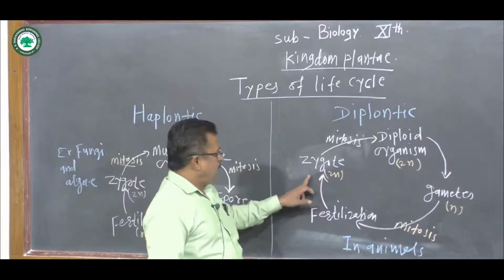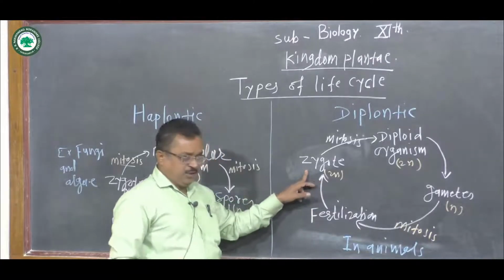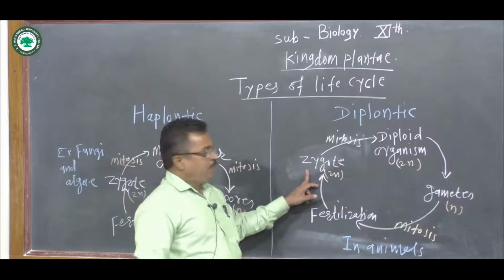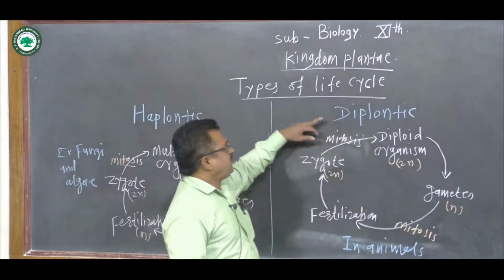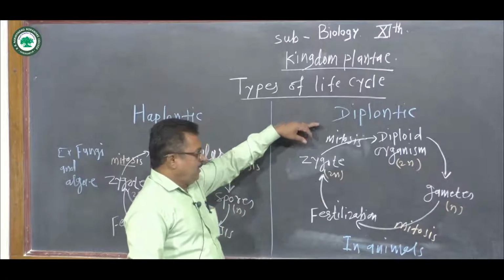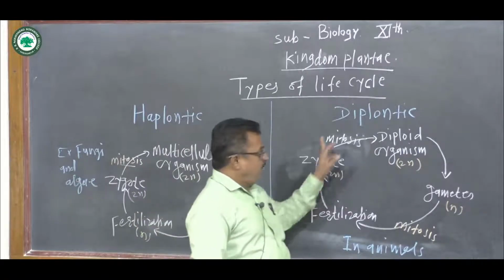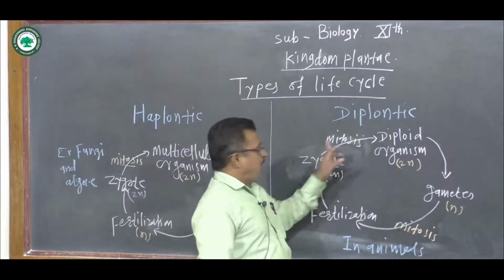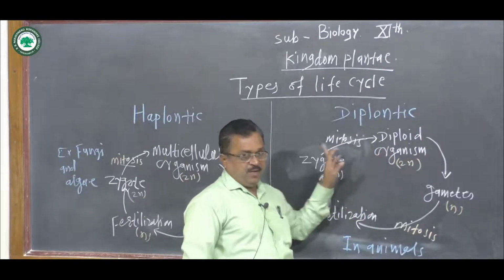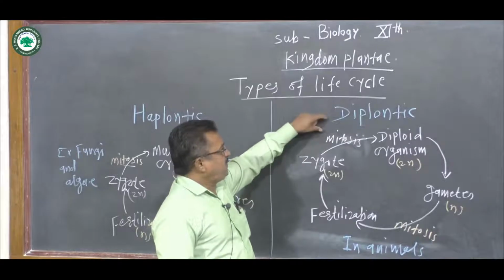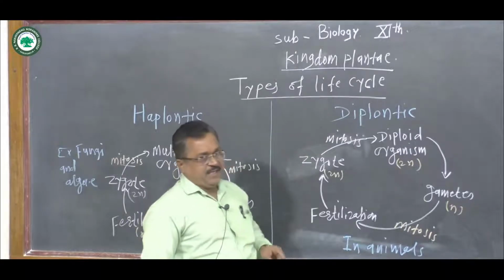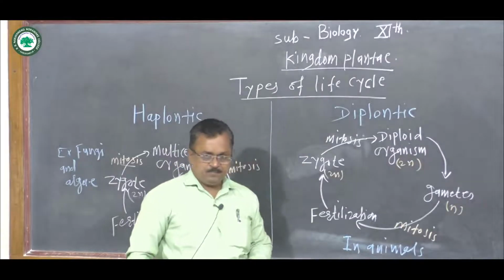Then it divides mitotically and the multicellular organism is formed. In this type of life cycle, the dominant phase is diploid. Hence, the life cycle is called diplontic type of life cycle.